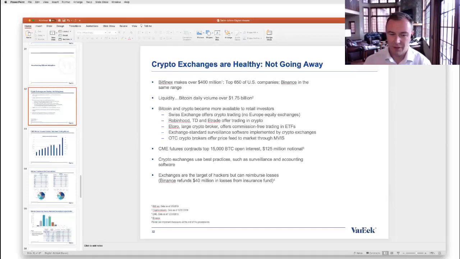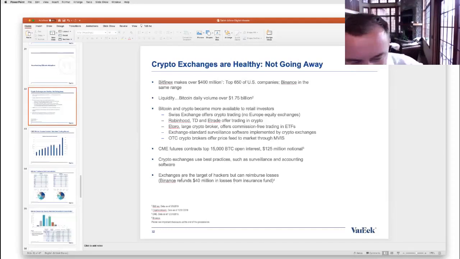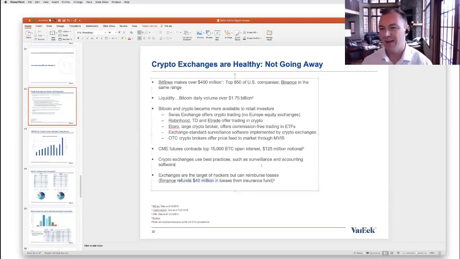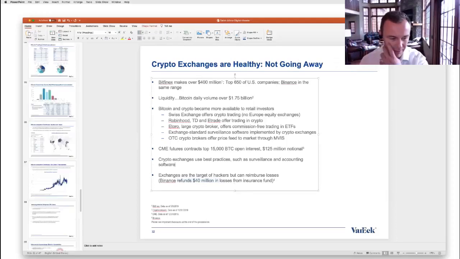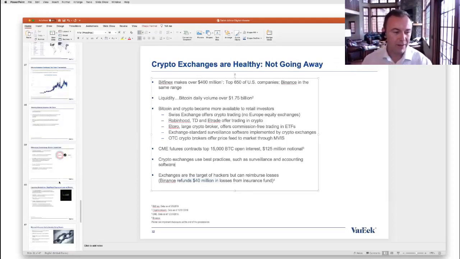That is very important. And again, Binance was able to refund $40 million from a hack. Your regular company is not able to do that. So you should absolutely, as Jacob's correct, be aware of this space, be familiar with the players, and just track things.